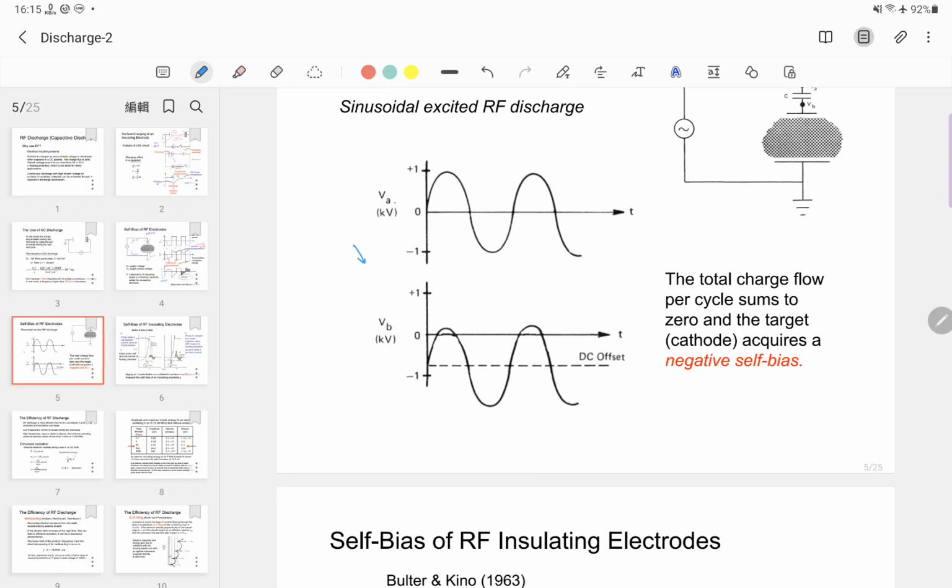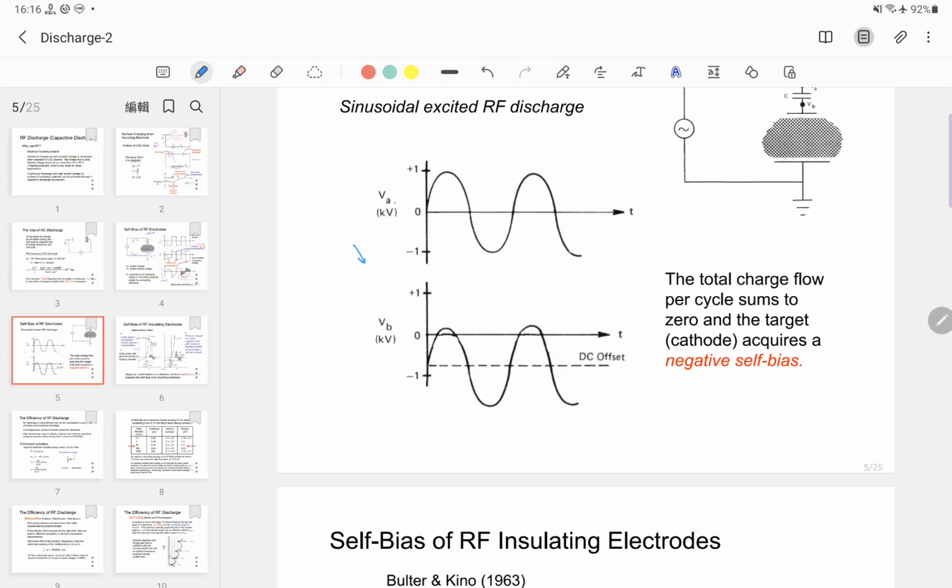But on average, for the output voltage curve, the average voltage is 0 volt, because half the cycle is positive and half is negative. But on the surface of the electrode after passing through a blocking capacitor, the average voltage will become negative.